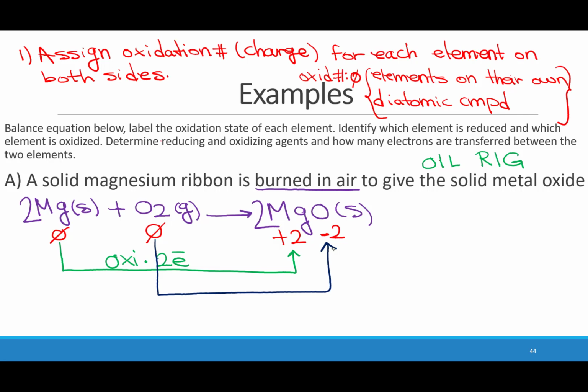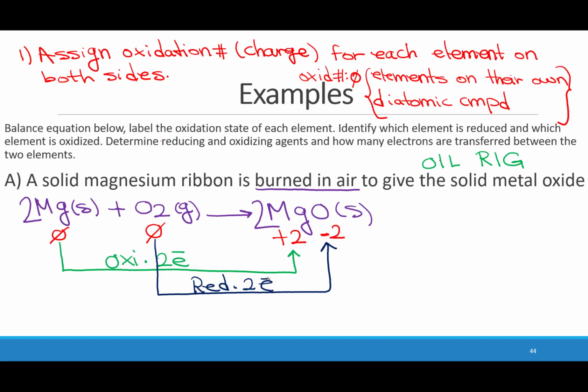That means it's gaining electrons. Reduction is gain of electrons. That means it's reduced. By how many electrons? How many electrons are gained? It went from 0 to -2. That means it gains 2 electrons.